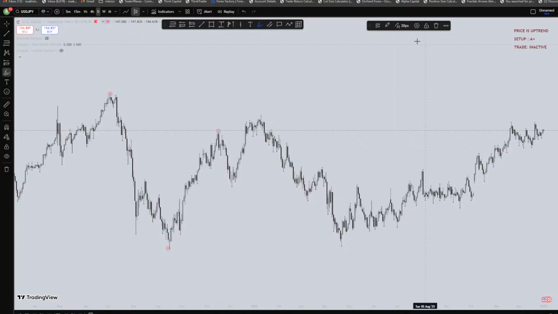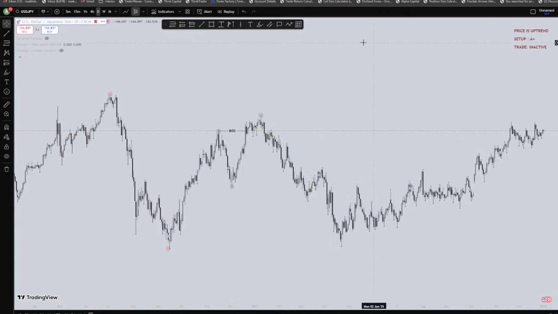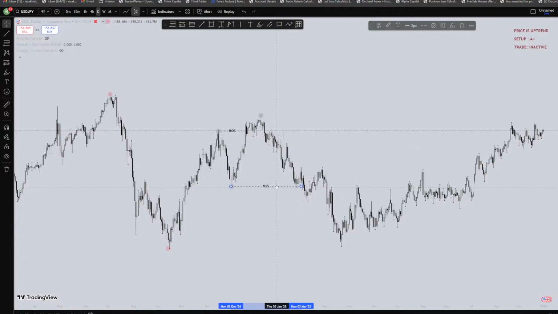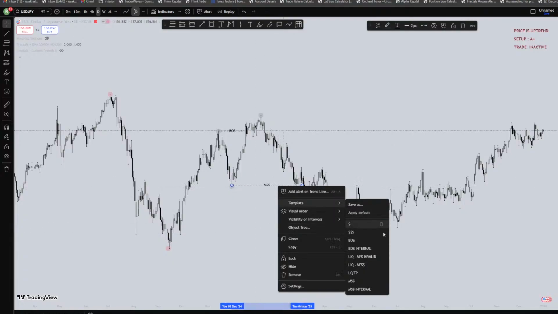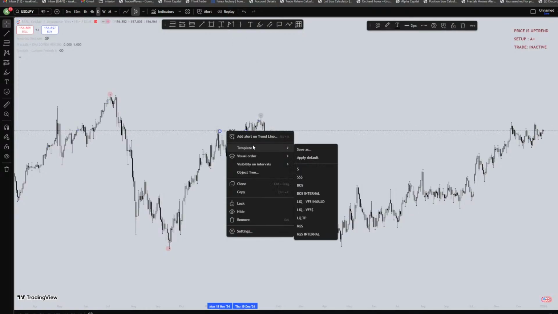Now here we can have this internal structure, broke, came back, so right there have our BOS. We have our MSS, actually it's internal.